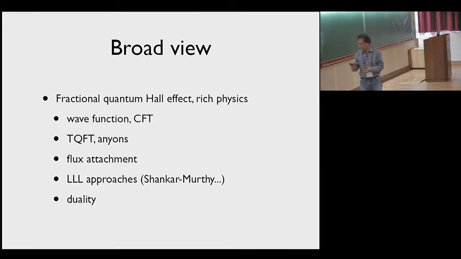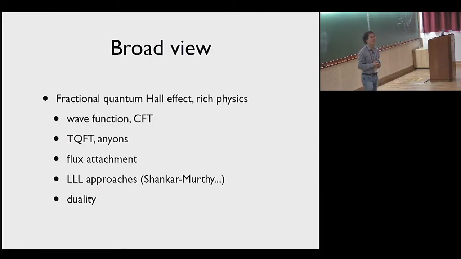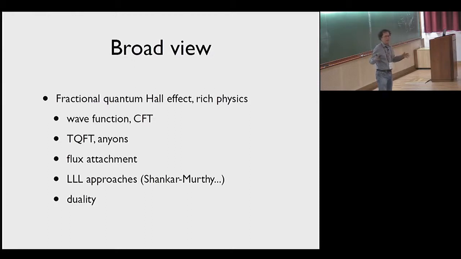We have the traditional first approach based on the wave function, pioneered by Laughlin, that leads to investigation of trial wave functions, trial states, and one can see relationships to topology, to conformal field theory, anyons, etc., and to topological quantum field theory, another approach that highlights the non-trivial topological excitations in gapped quantum Hall states.